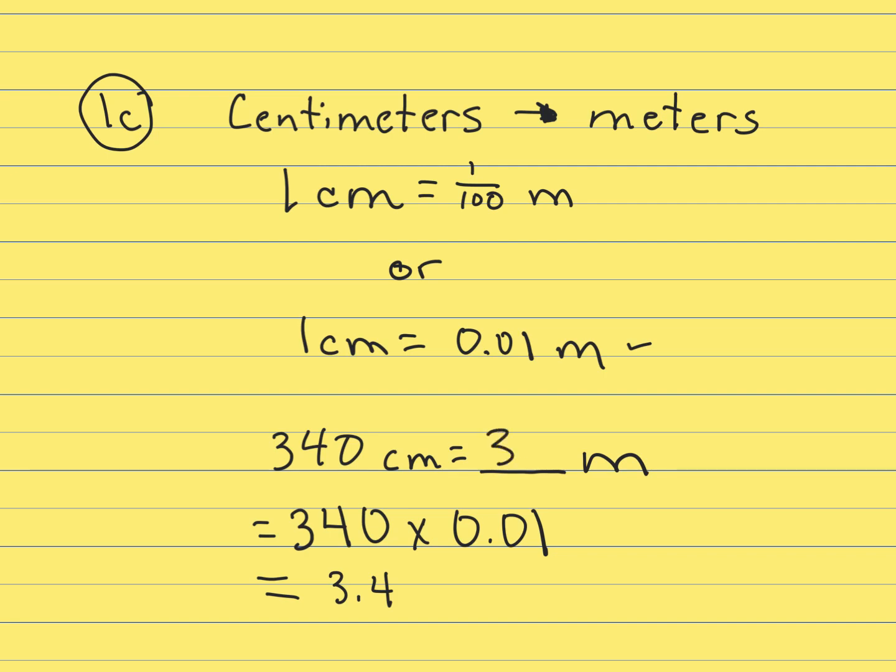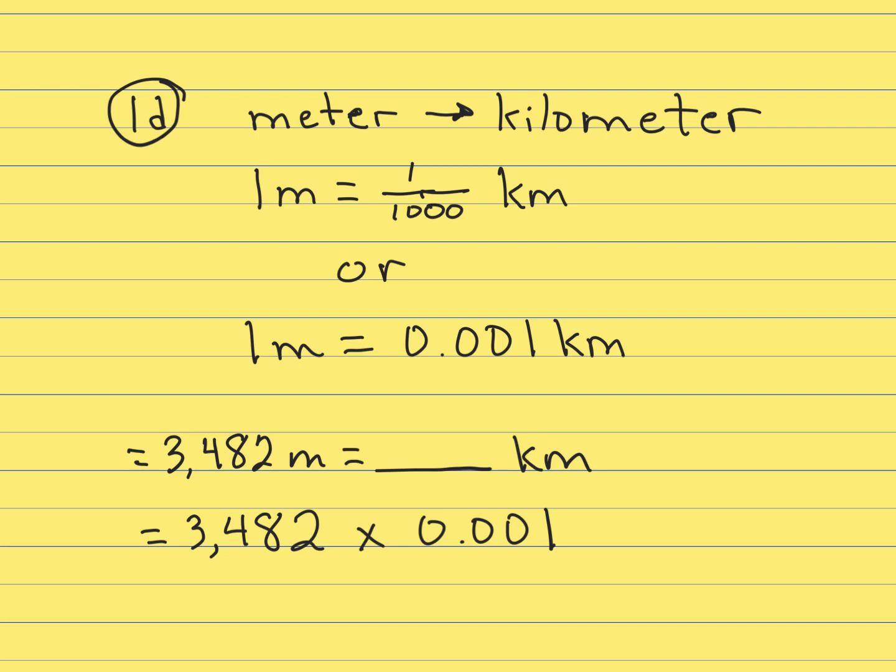but 3.4 meters. Okay, on 1D, you have meters to kilometers. So we know that it takes 1,000 meters to equal a kilometer. So 1 meter is 1/1000th of a kilometer. Or we can write it in decimal form. 1 meter is equal to 0.001 kilometer.